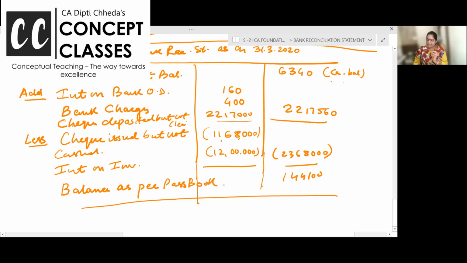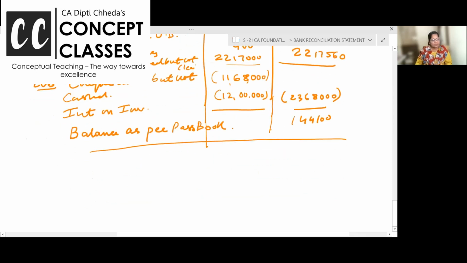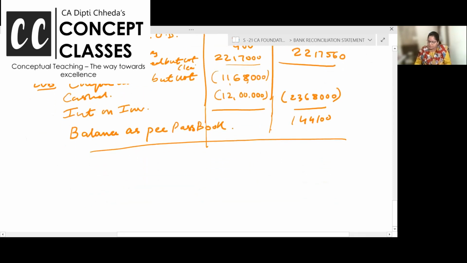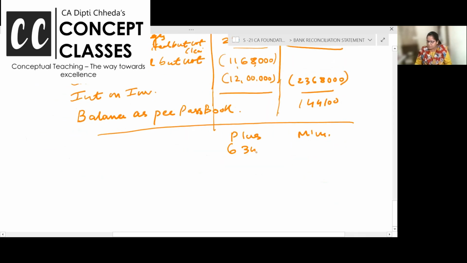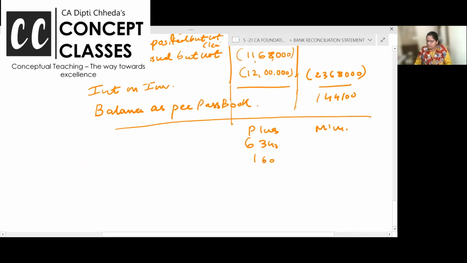Many times in the exam, they are asking you to do it in a plus minus method. So plus minus means you make two columns, for plus and minus. Like say this will be plus, this will be minus. So credit balance, you write it here, 6340. Now plus all add, 160 and all will come here. All less will come here, 12 lakhs and so on.